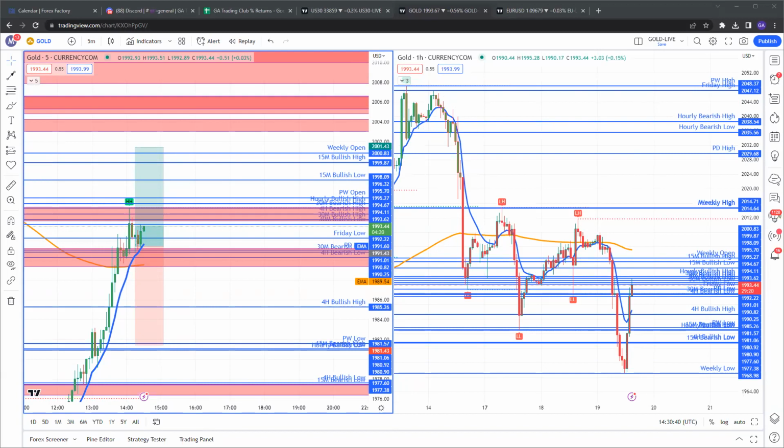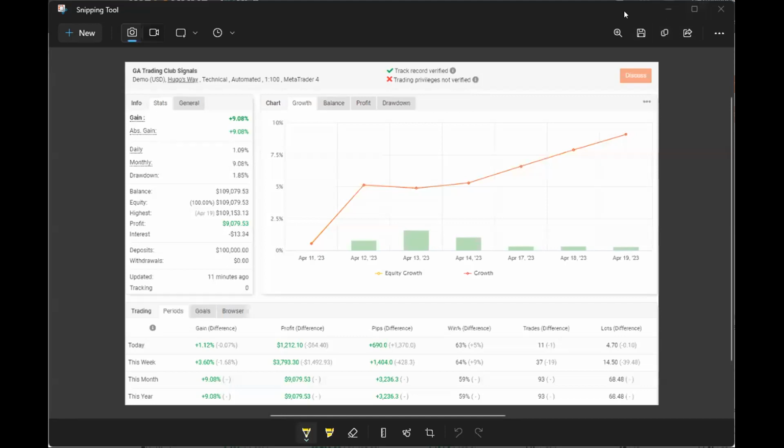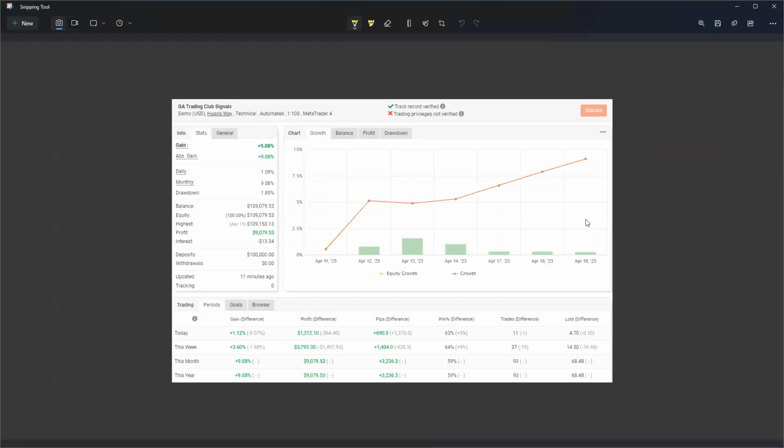Whatever happens to those two positions happens. Let me stop sharing and then share this screen right now. I'll just monitor those positions for you if anybody entered with a higher risk. And then I'll just share the snipping tool. So this is that demo.